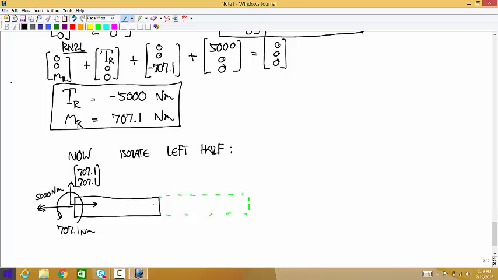And now the interface between the ghost part and the part that we're isolating, that's a fixed joint. And so the loads that are applied by the missing part to the part that we're isolating are a force vector.